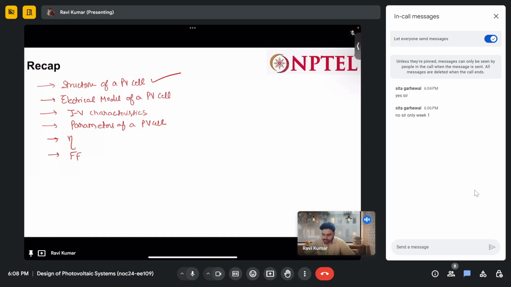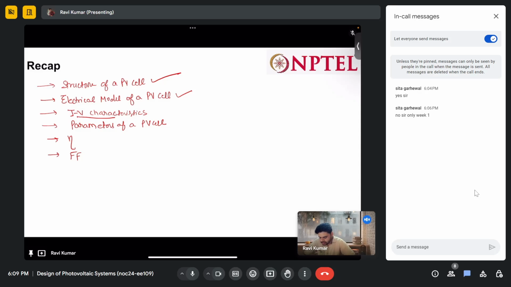That's why we talk about the electrical model, because we easily understand in terms of resistance, power source, voltage source. Then why IV characteristics? Because this is the main output of a solar cell, and using the IV characteristics we can say whether the cell is performing well or not. Like if a person is not feeling good, having some health issues, he will not perform optimally. Same here, if the IV characteristics of a solar cell are not good, then that cell will not perform well.